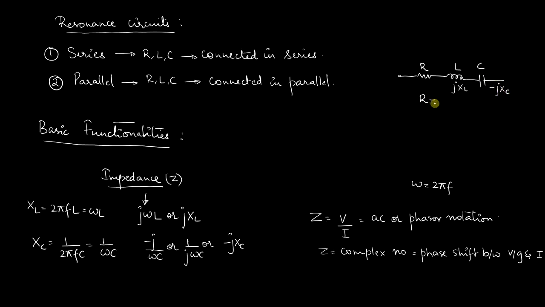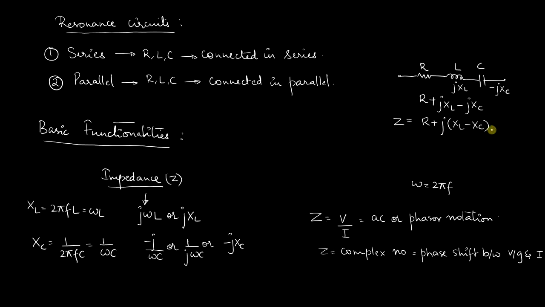So I can write this as R plus jXL minus jXC, or taking the j common, R plus j(XL minus XC). This is the total impedance of the circuit for a series circuit. We'll see how this equation is obtained in the series resonance circuit, but for your understanding I am saying here this is the total impedance that you have.